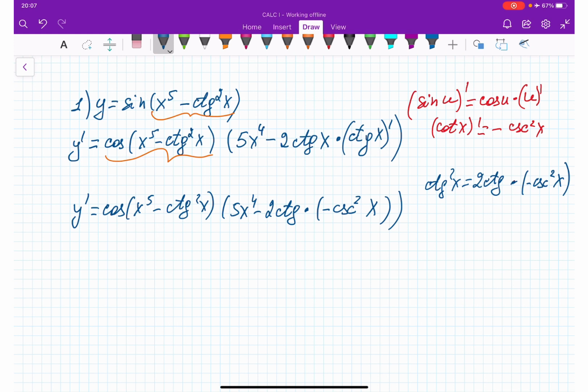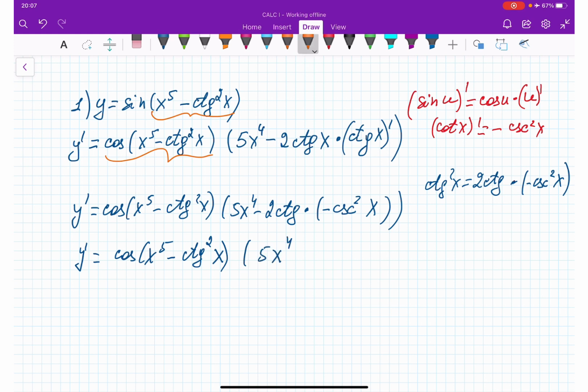Okay, so what do we have from here? Cosecant squared x, I'm going to break down as 1 over sine squared x, right? Okay, y prime is equal cosine of x to 5 minus cotangent squared x times 5x to 4.